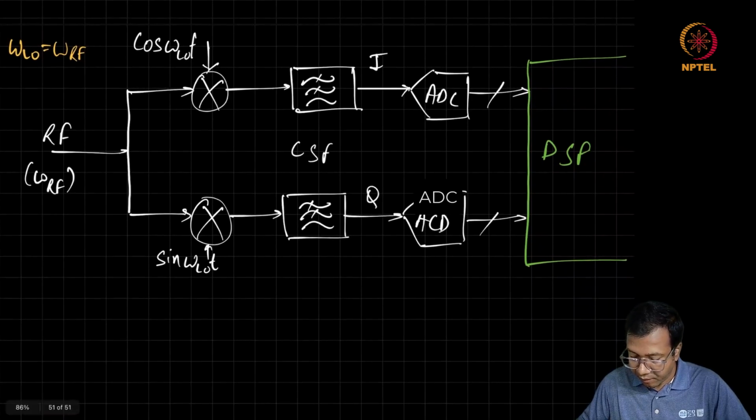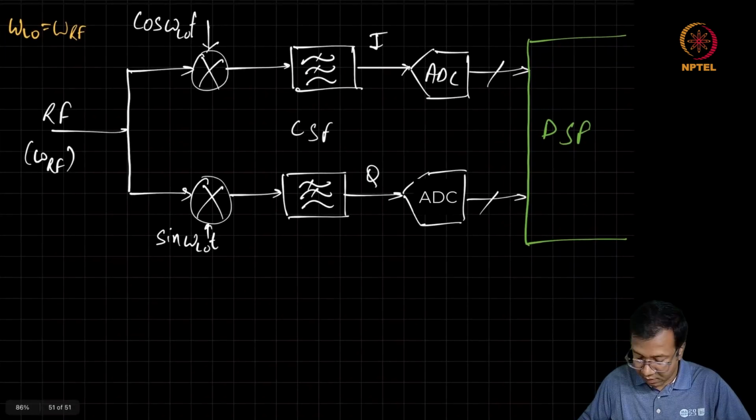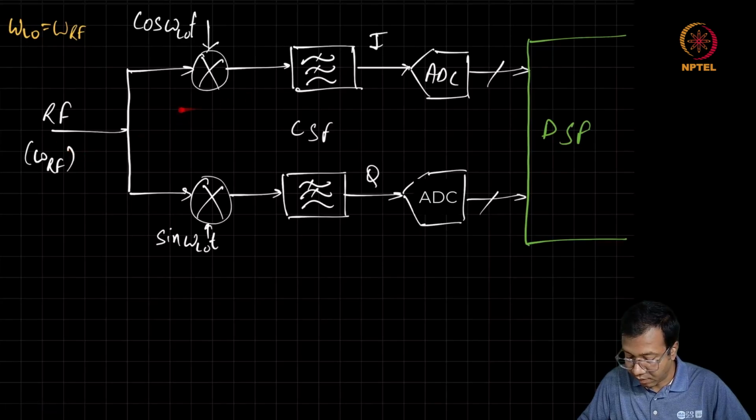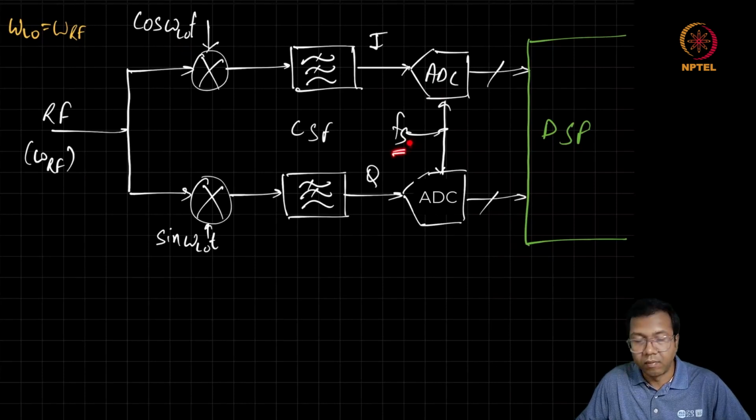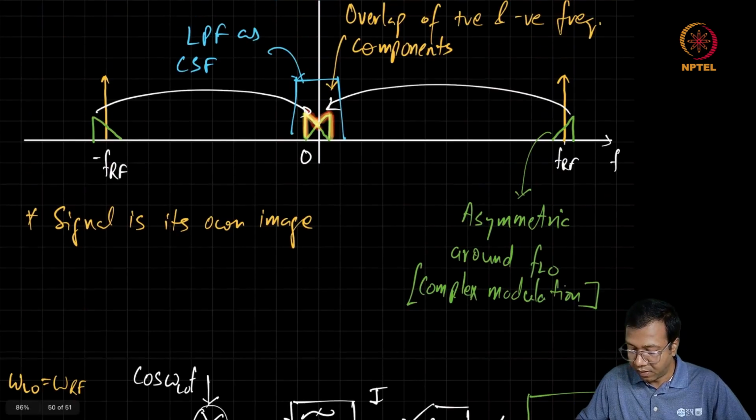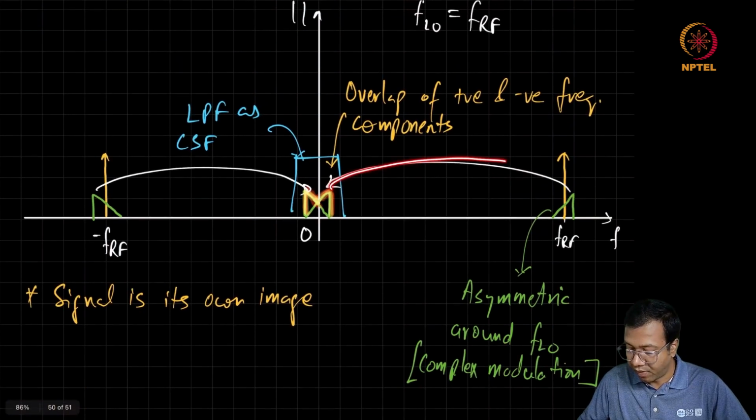So now we have seen a slightly different architecture where the LO is the same as the RF frequency, and here you can see one benefit in terms of digitization is that the down converted signal is around DC.